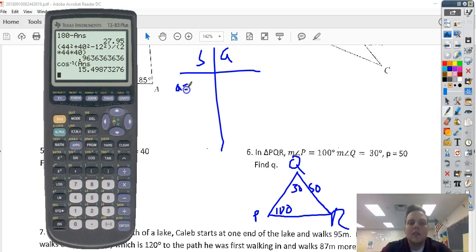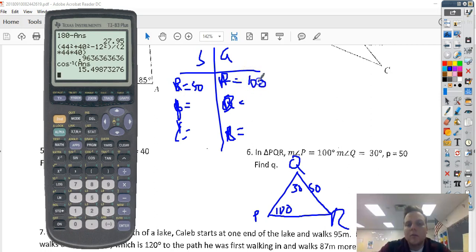Little a, little b, little c, big A, big B, big C. Well, it's not A's and B's anymore, is it? It's little p, q, r and big P, big Q, big R. Man, this is ugly. This is not professional at all. So little p is 50, big P is 100, big Q is 30.